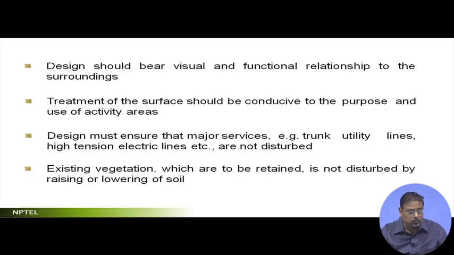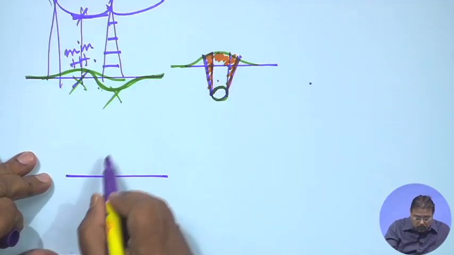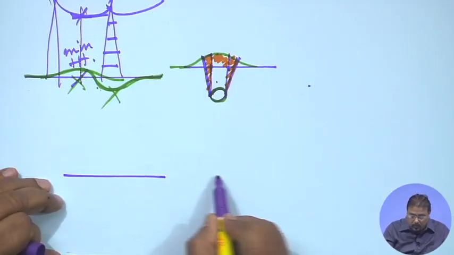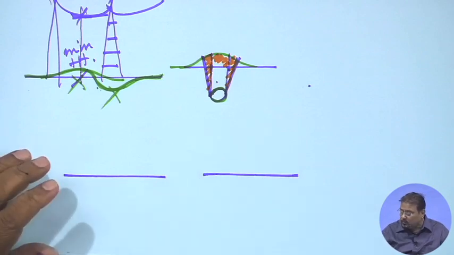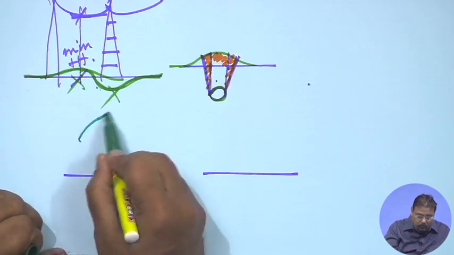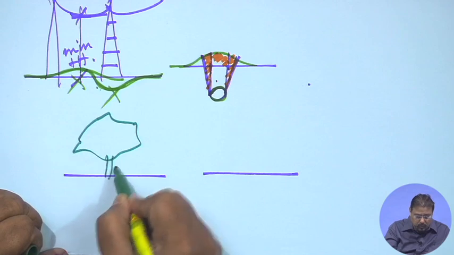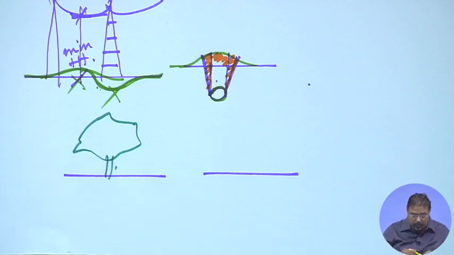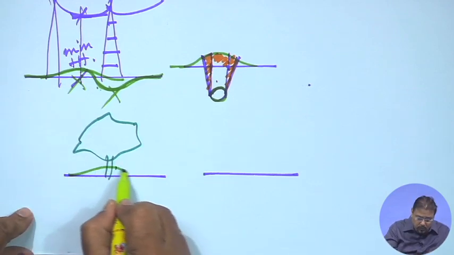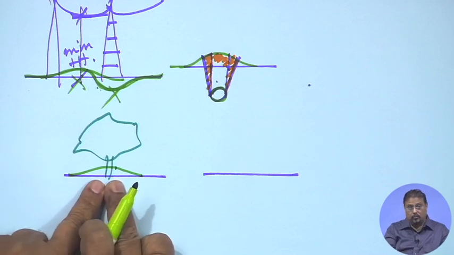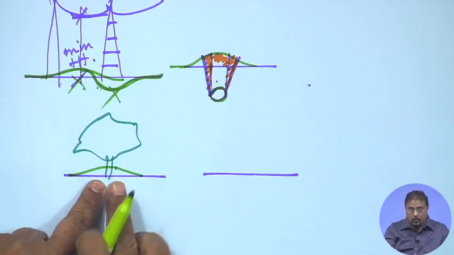Existing vegetation: a similar rule applies for vegetation as well, but for different reasons. Existing vegetation which is to be retained is not to be disturbed by raising or lowering soil. Two things. Suppose you have a ground here and a ground here, I am just drawing it in this situation. You have a vegetation here, you are advised not to raise the soil below, number one.